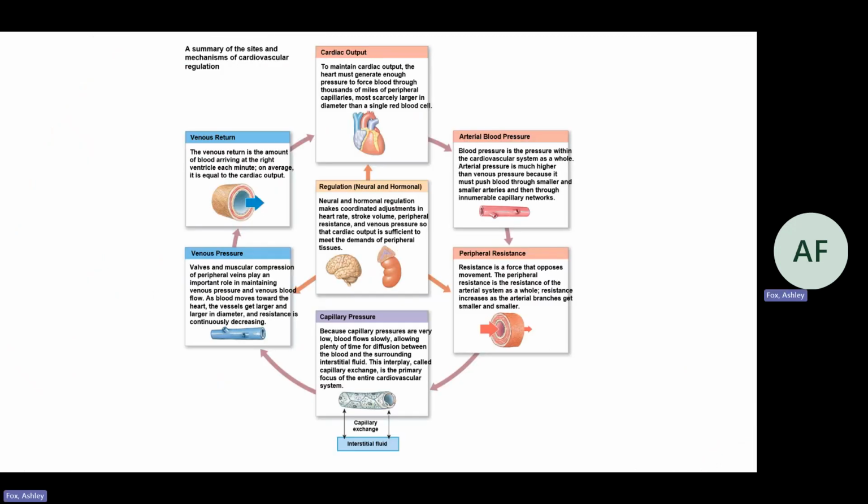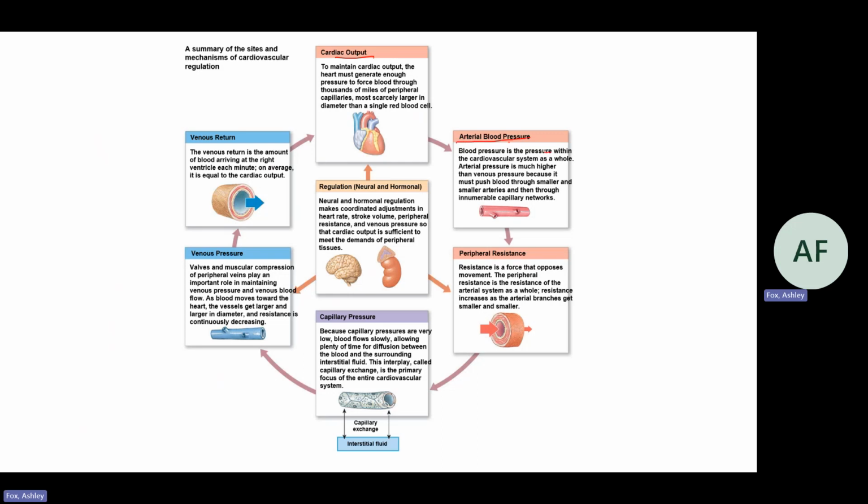So this is just a summary of all the ways we can regulate. First we talked about cardiac output. The heart has to generate enough pressure to go through all of the peripheral capillaries. So the heart has to contract enough to get circulation to every part of your body. Then arterial blood pressure is going to be one of them as well.